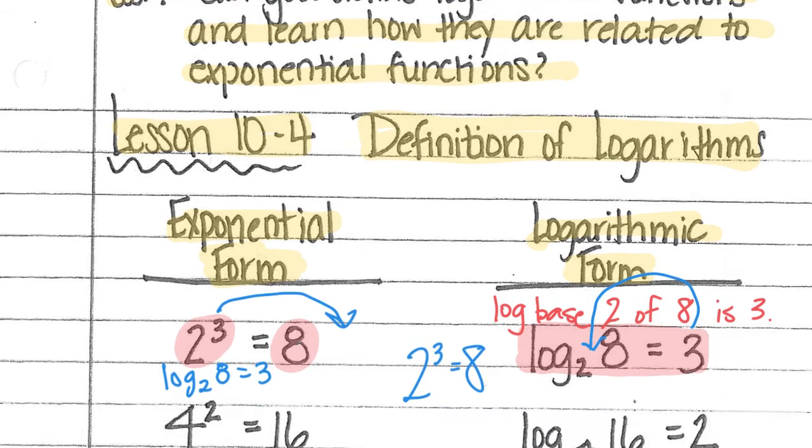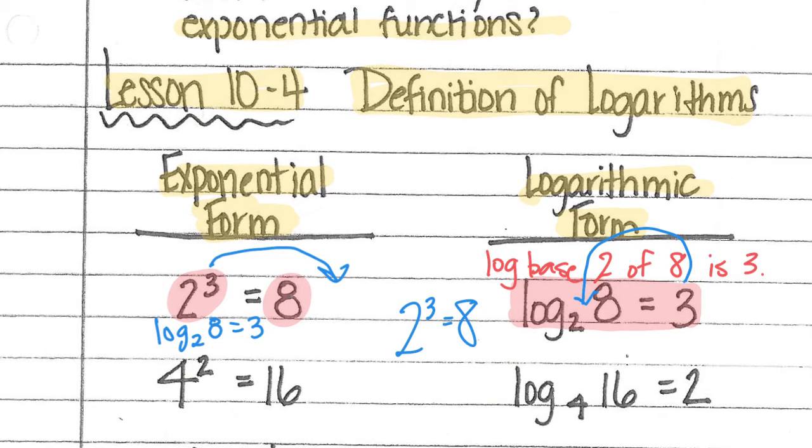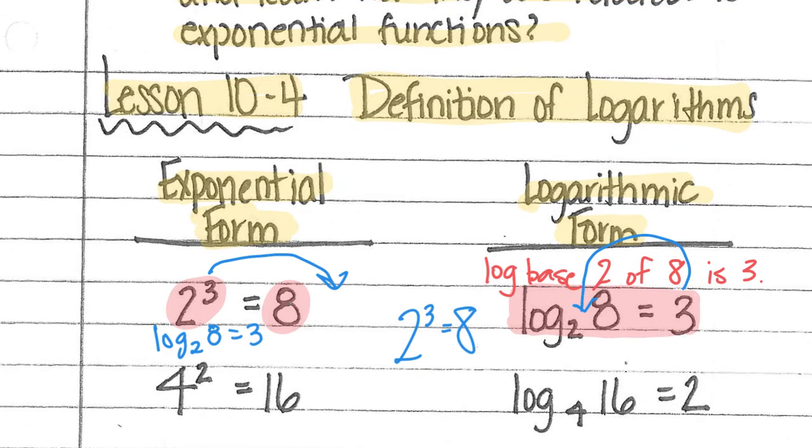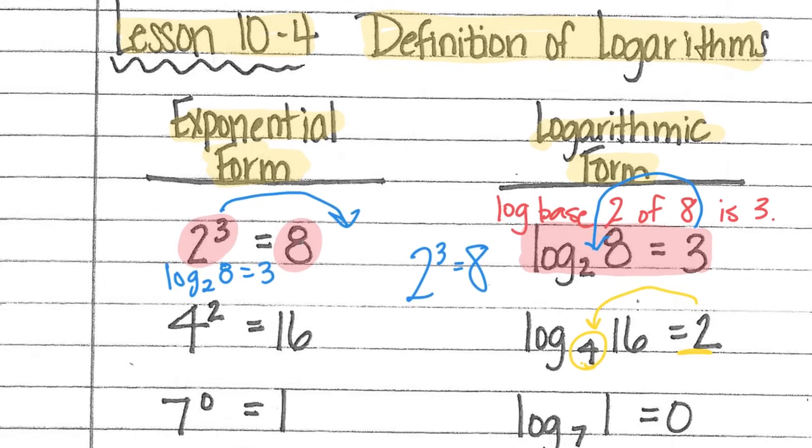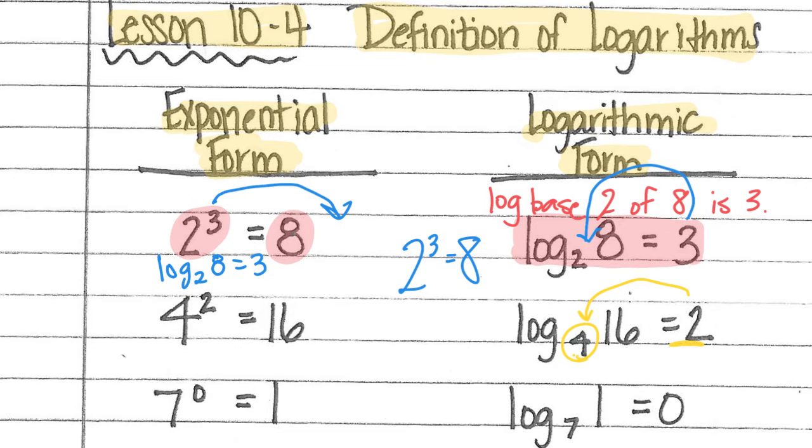Let's look at the next one. 4 squared is 16. Log base 4 of 16 is 2. So remember, we're just jumping this guy in here to say 4 squared is 16. Here's a fun one. Anytime I have a 1, log base 7 of 1 is 0.